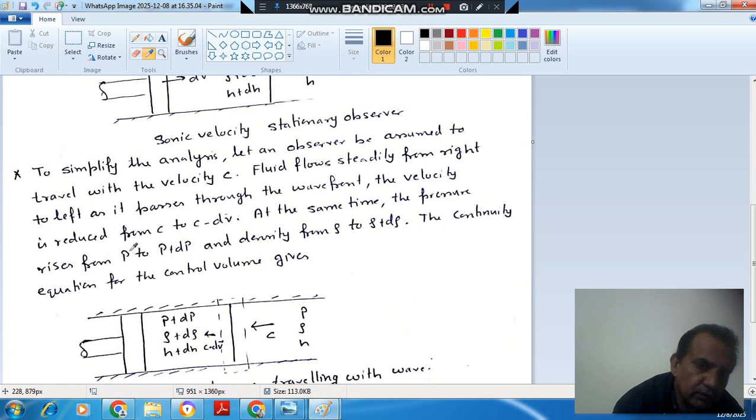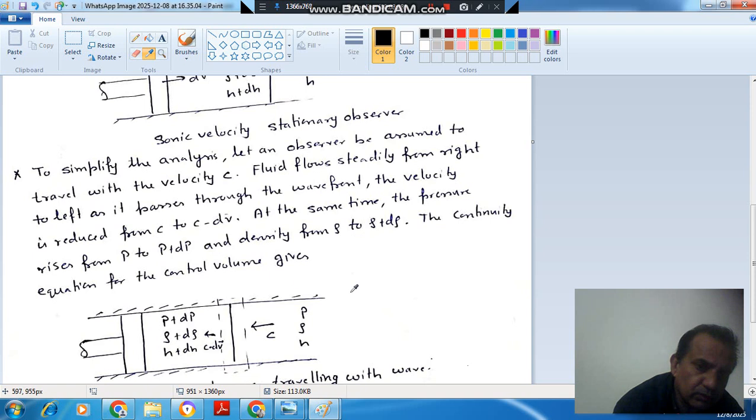The velocity is reduced from c to c minus dv. So as the wave front will seem stationary, the velocity will be c, and it will be reduced from c to c minus dv. At the same time, the pressure rises from p to p plus dp, and density rises from rho to rho plus d rho.